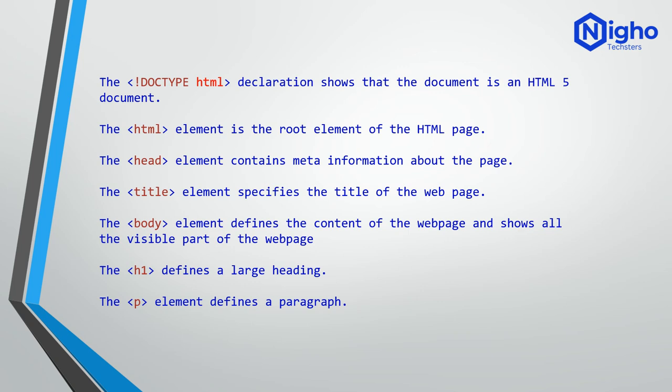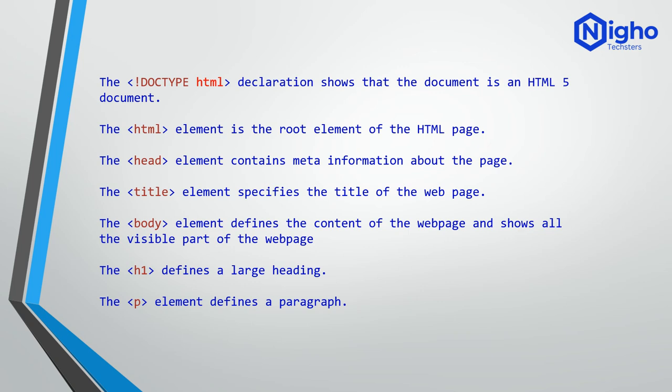The body defines the content. It tells the web page what to display. The visible part of every website you see is placed in the body element. Then the h1 defines a large heading. We have a lot of heading sizes, but for the example we looked at, we have the h1, which is the largest heading element, and then we have the paragraph element.